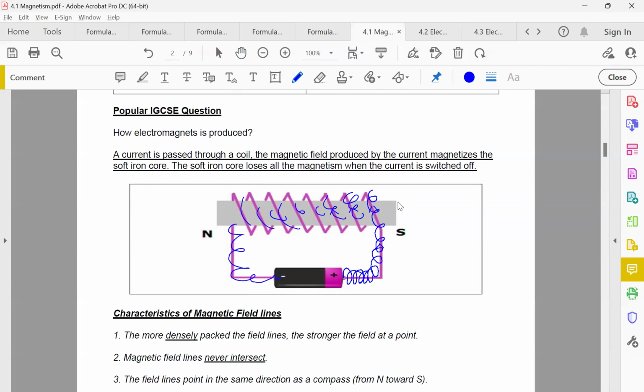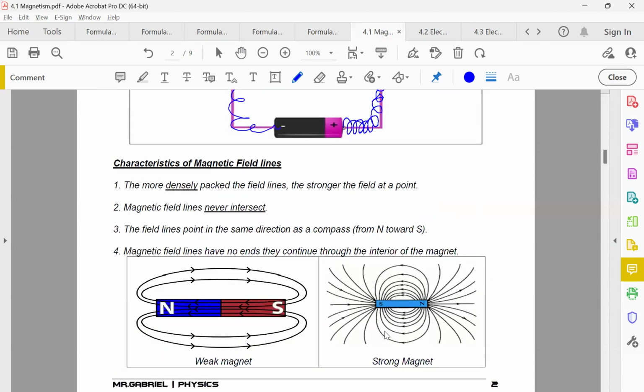And once again, the magnetic field is touching this iron bar, which means this iron bar will become an electromagnet, guys, because the magnetic field is touching the iron bar. And of course, if I have a strong magnet, it has a lot of magnetic field lines. If I have a weak magnet, it will have much fewer magnetic field lines.